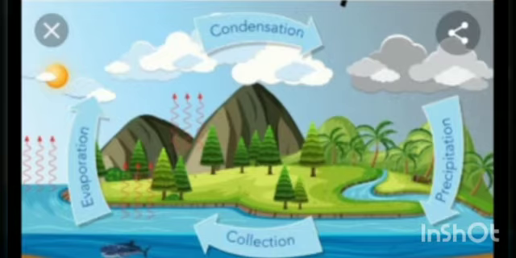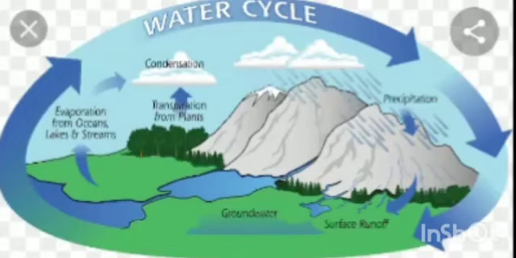Second point, water vapor is transported into the atmosphere by evaporation. Third point, 90% of this water vapor returns to the ocean and 10% returns to land as precipitation.